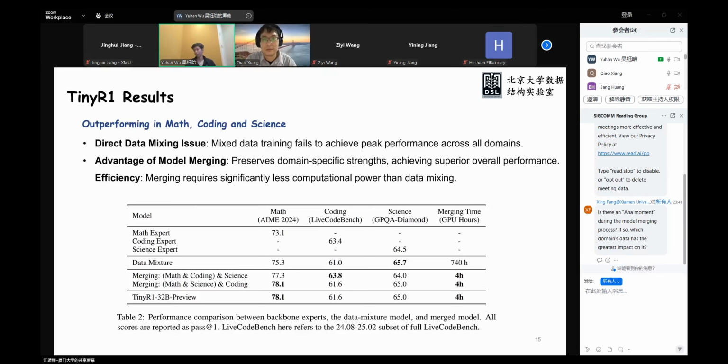We used to expect that if it's larger than 70, we will be happy. But it reached 78, and that really astonished us.